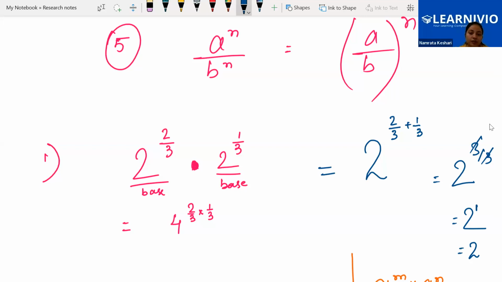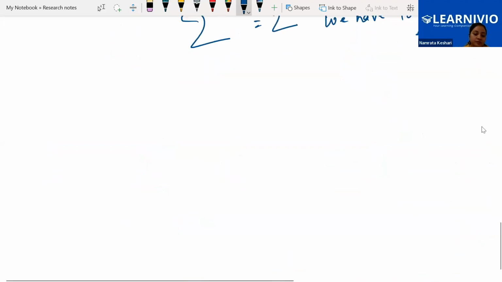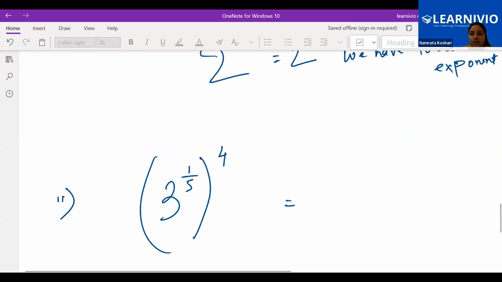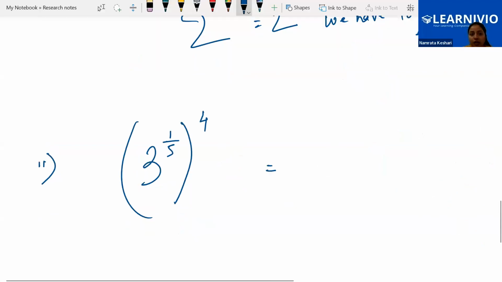Now the second question. If we will be having 3 to the power 1 by 5 and then if the exponent is 4, what will be the result? Ma'am, 3 raised to the power 4 upon 5. Yes, whenever two different exponents are there, yes, Samya and Arhan, what are you getting?